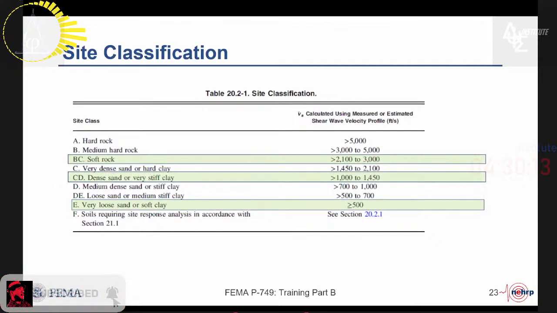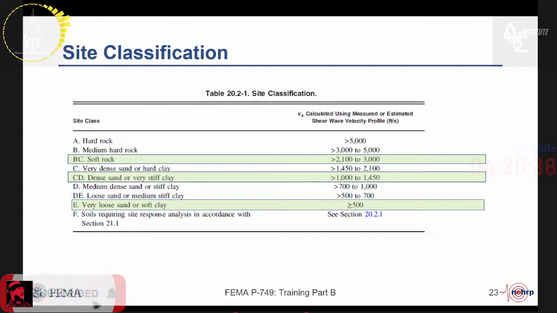Another important difference in ASCE 7-22 is that there are some new site classes. In ASCE 7-16 and earlier editions of the standard, we only had site classes A, B, C, D, E, and F. ASCE 7-22 introduced some intermediate site classes: BC, CD, and DE. I see there's an error on the slide.